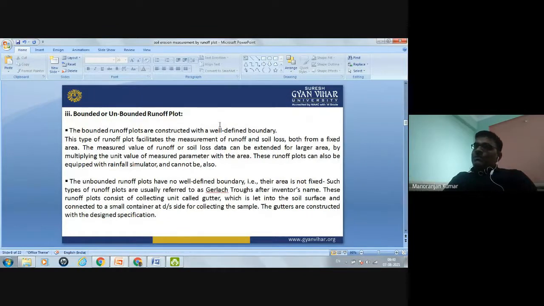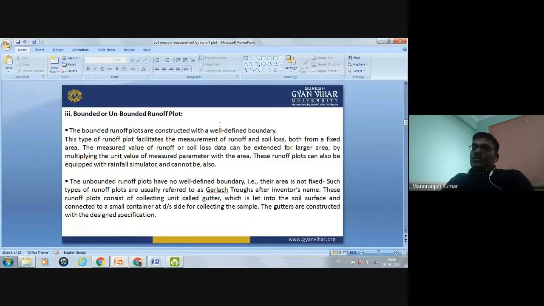Now, third type of runoff plot is bounded or unbounded runoff plot. So the bounded runoff plots are constructed with a well-defined boundary. This type of runoff plot facilitates the measurement of runoff and soil loss both from a fixed area.